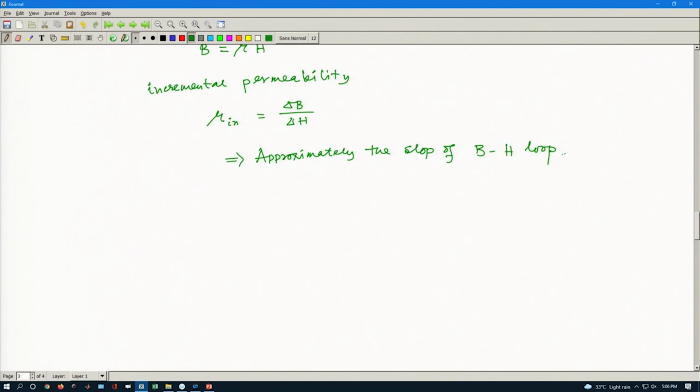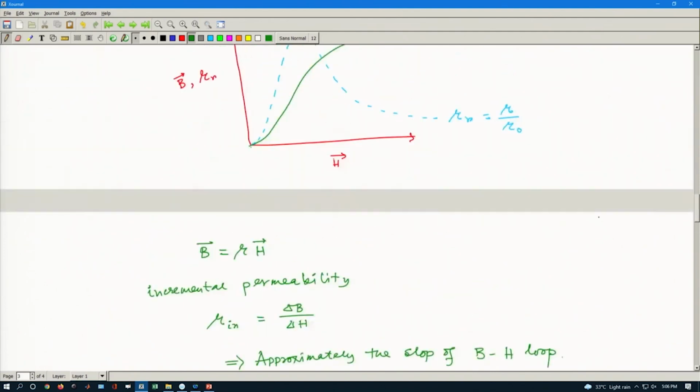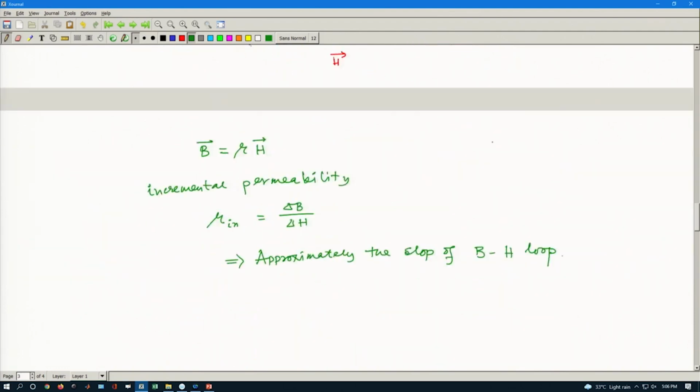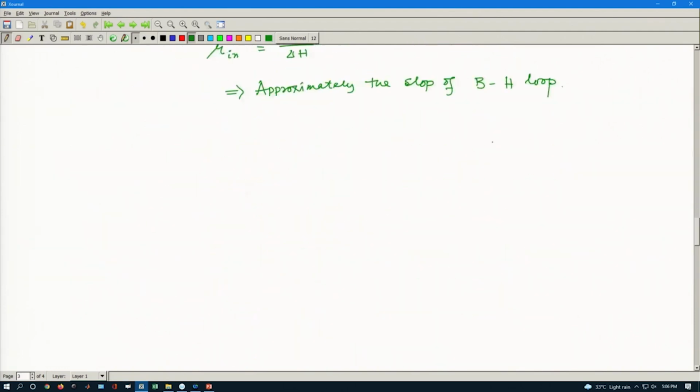So, if you make a slope here, you can see we have a steep slope here and the value is high, and then it goes to saturate and the value drops radically, but it goes asymptotically like this. So, this is roughly following the slope.